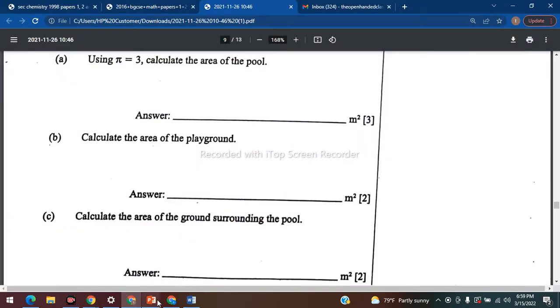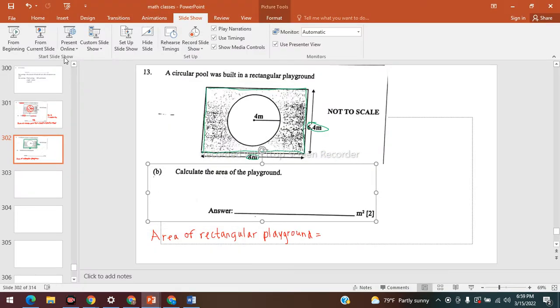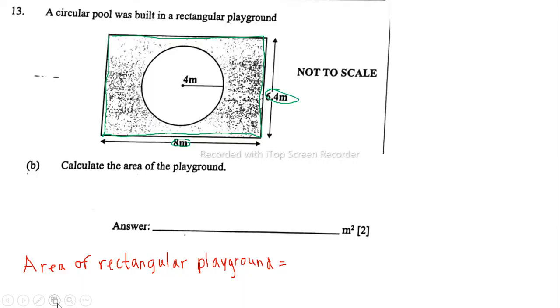So it's going to be length times width, L times W. And so it's going to be equal to 8 meters multiplied by 6.4 meters.